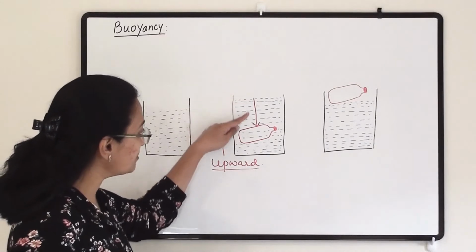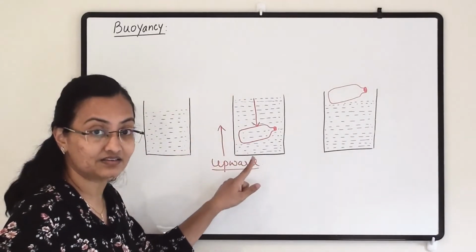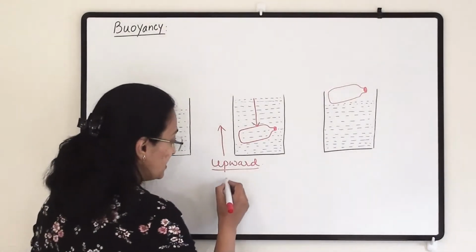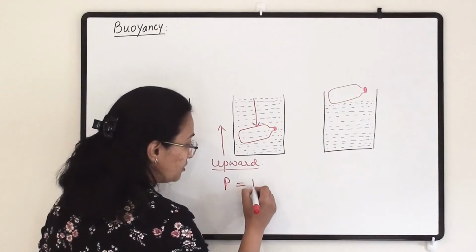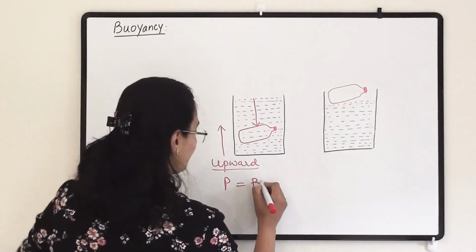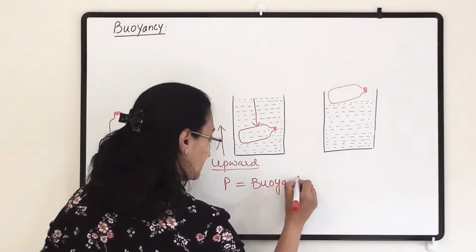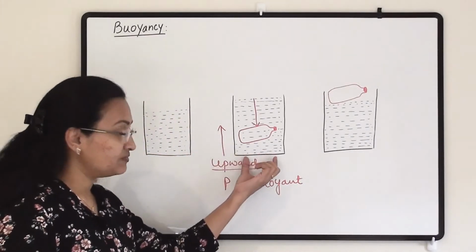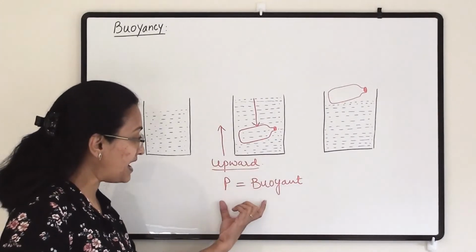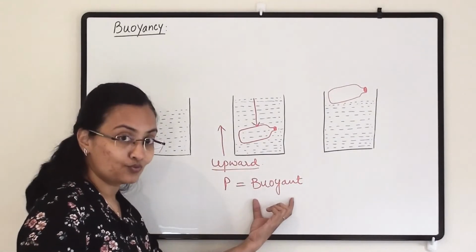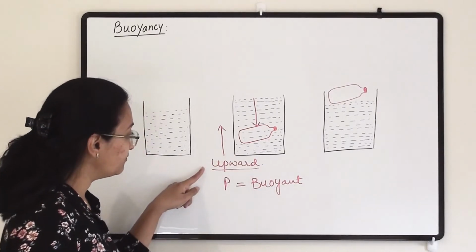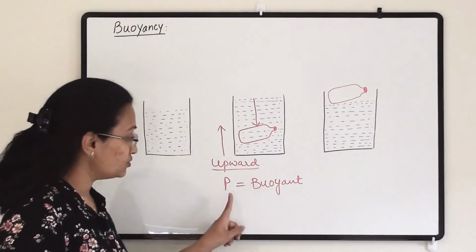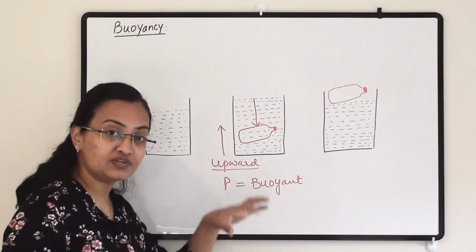Now when we are holding this bottle at the bottom, the pressure I am applying is equal to the buoyant force. Whatever pressure I apply to the bottle, the bottle will remain at the bottom because it balances the buoyant force acting on the bottle, and the direction of the buoyant force is upward. So till the time it balances, it will remain inside.